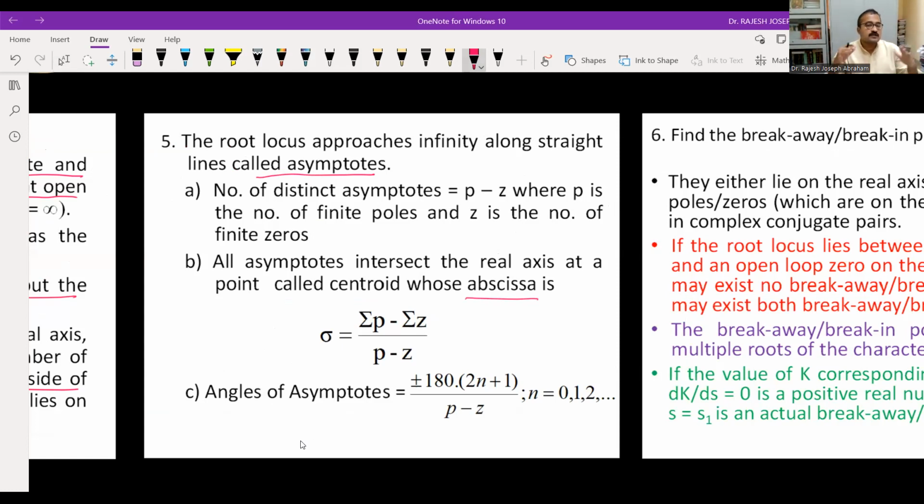We know that along the x-axis the y coordinate is 0. The asymptotes make a particular angle, called the angle of asymptotes, given by plus or minus 180 into (2n plus 1) divided by p minus z.